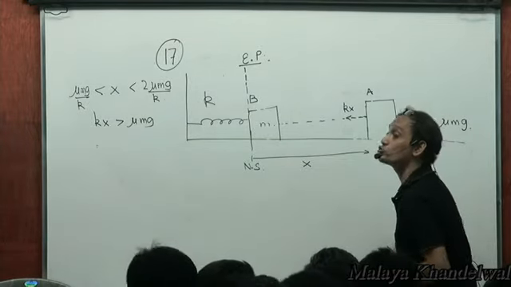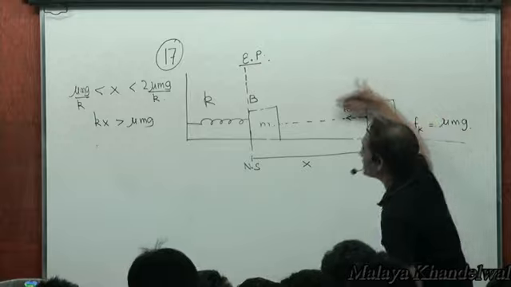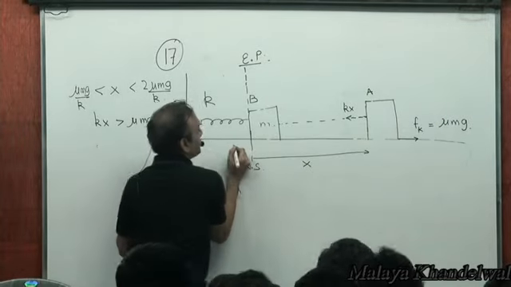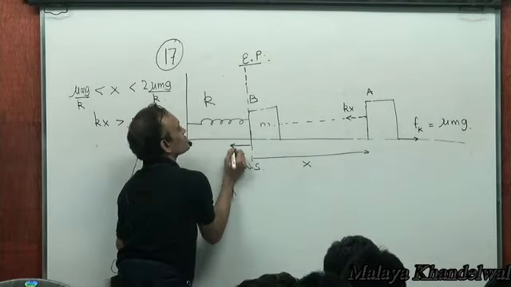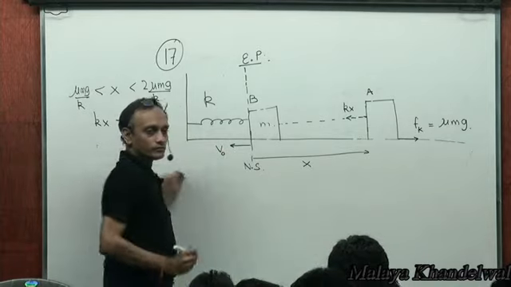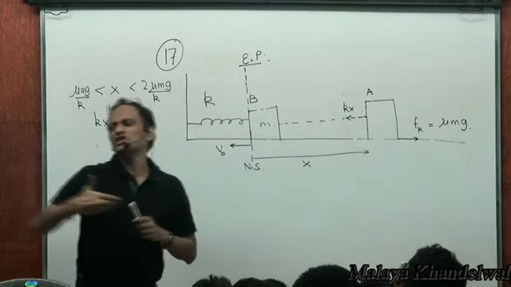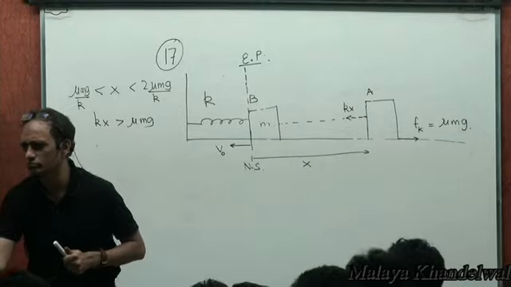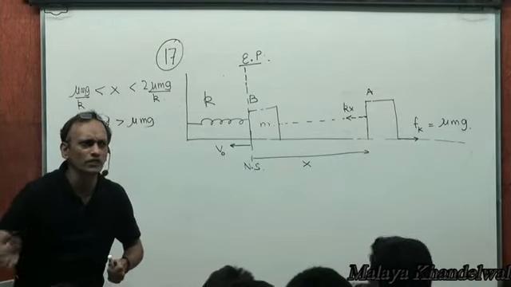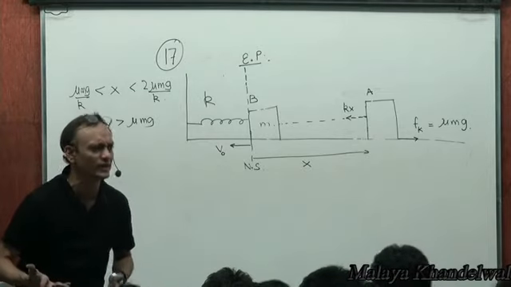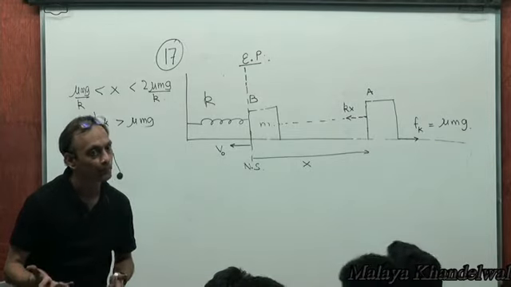Let us say it's able to reach B, and by the time it reaches B, say it develops a velocity V0. Or if it just reaches B, V0 will be 0.